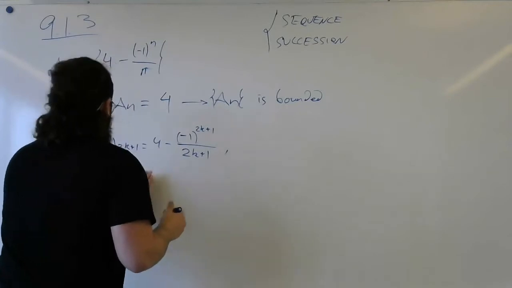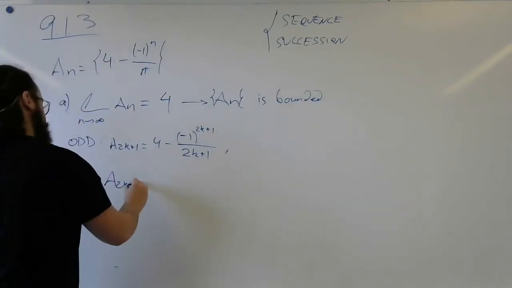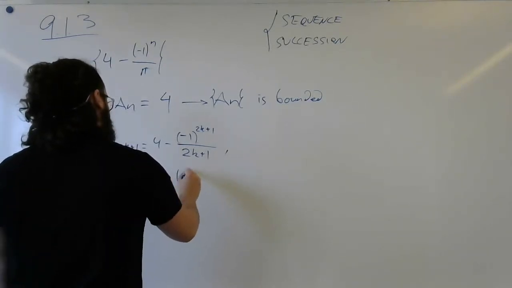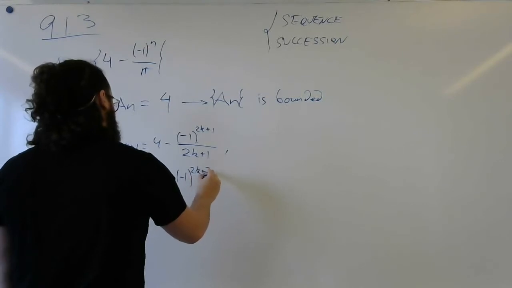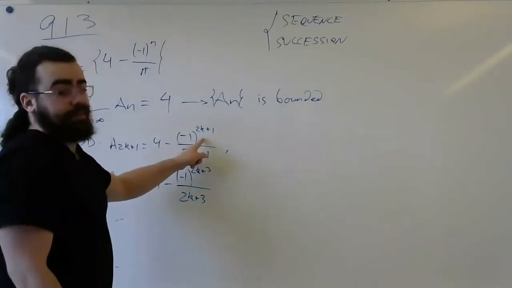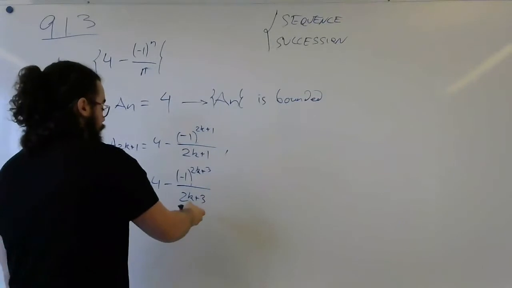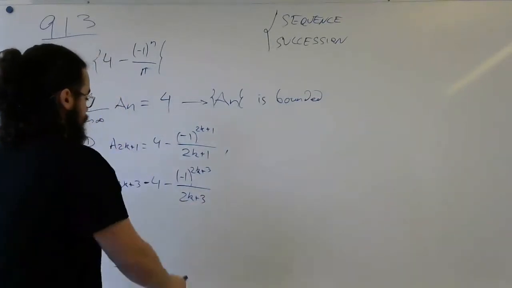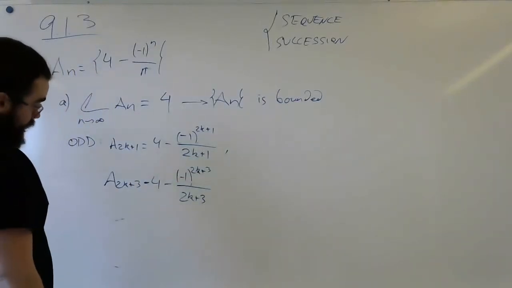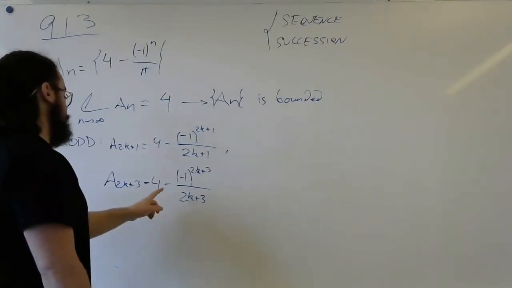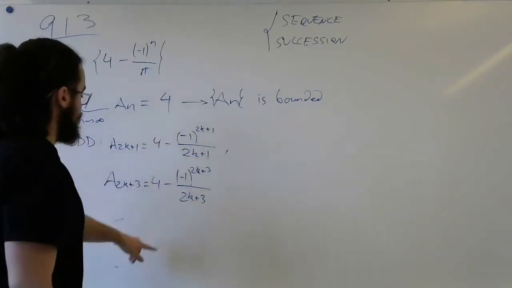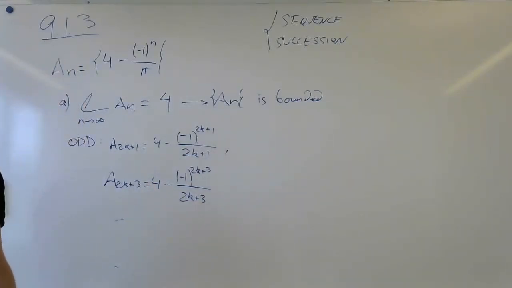If we take an element a 2k plus 3, I mean the next element of this subsequence, this is 4 minus 1, 2k plus 3 over 2k plus 3. Now, the numerators are the exact same because the exponent has the same parity. However, 2k plus 3 is bigger. So this fraction is smaller overall. So when we make the difference with the fraction that is smaller, am I doing this correctly?